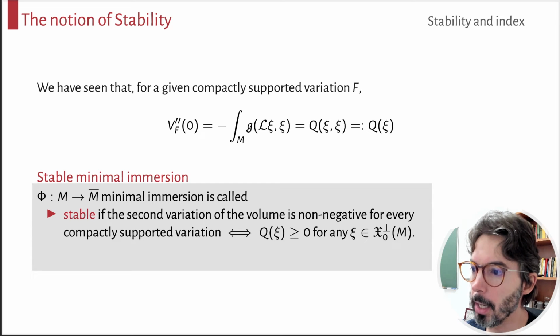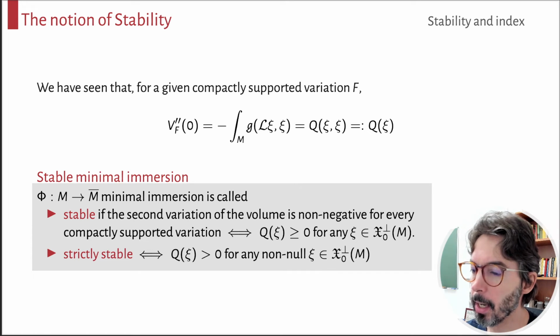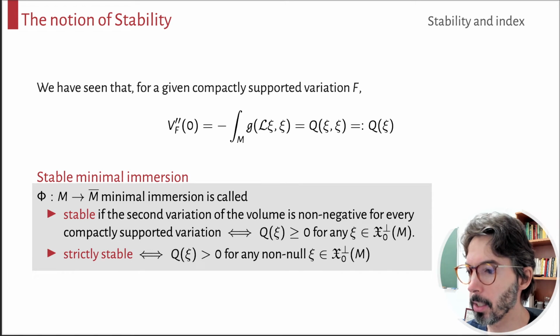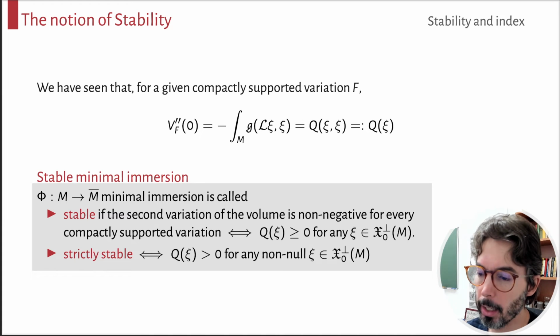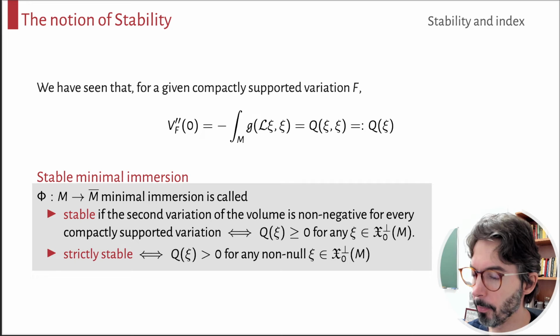That is, the index form Q is non-negative for any normal section with compact support over M. And we will say that the immersion is strictly stable if the index form is strictly positive for any non-null normal section with compact support.